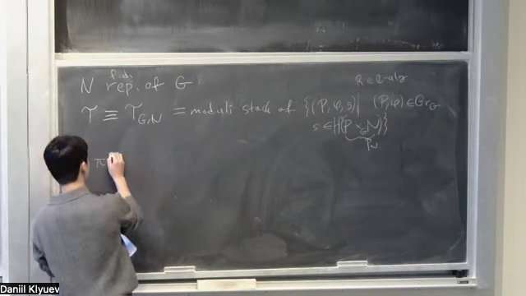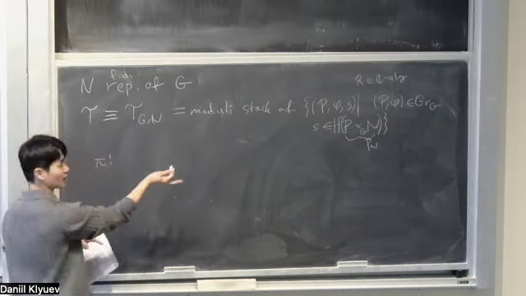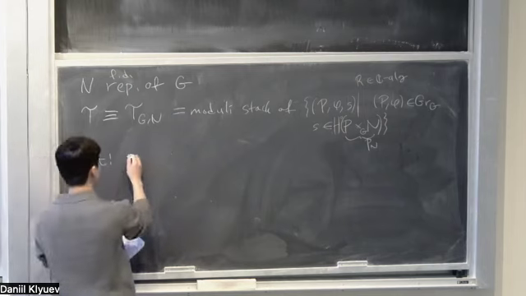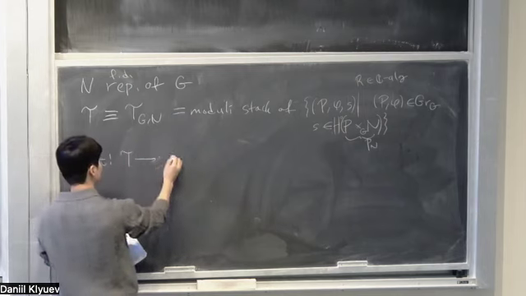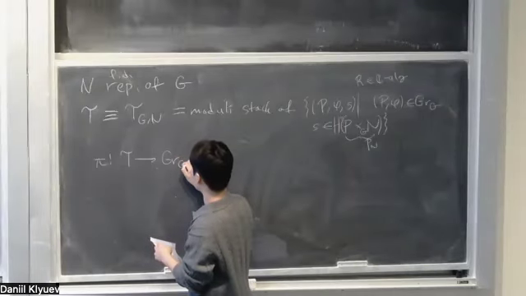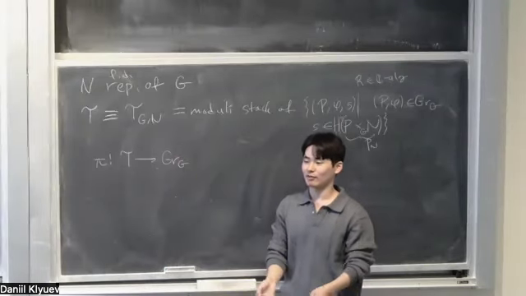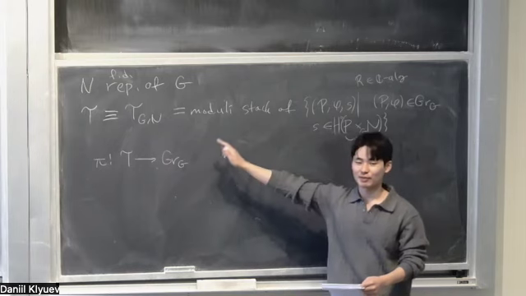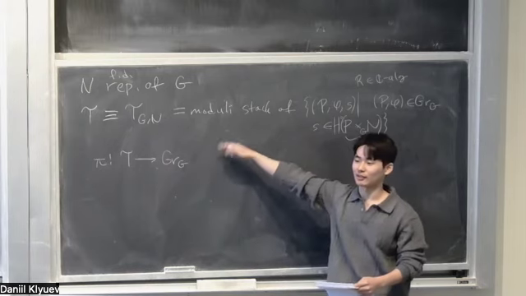Okay, so what kind of space is this? Well, just by the moduli description, it is clear that this thing has some map, let's say small pi, to the affine Grassmannian. To give it away, it's some infinite rank vector bundle on the affine Grassmannian.